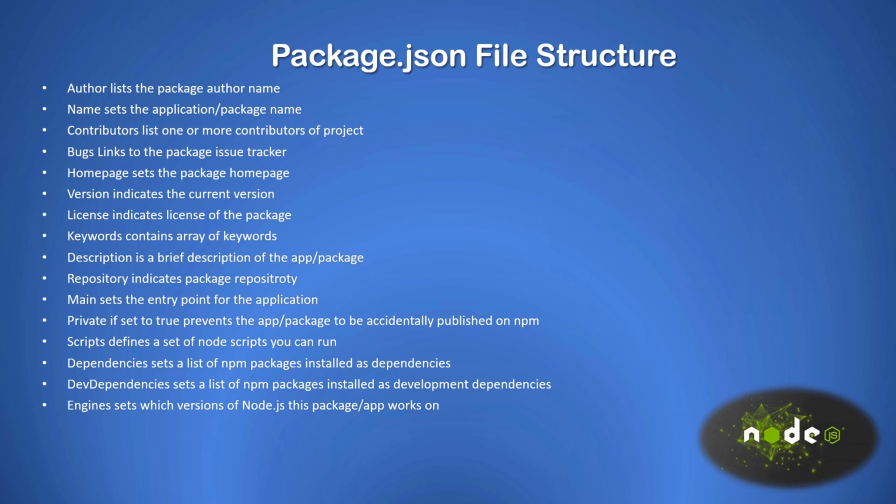And browserslist is used to tell which browsers you want to support, like Google Chrome or IE. Any version you want, you can specify in this browserslist. So this is the list of properties available in package.json, which you can utilize whenever you create your project, application or package.